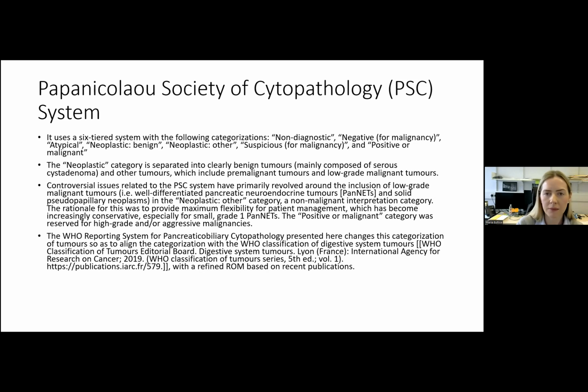So it's a mirror image of our histology reporting digestive WHO classification. Then the neoplastic other is further subclassified into pancreatobiliary neoplasm low risk and pancreatobiliary neoplasm high risk. Essentially you can divide those two on cytomorphology grade, and I'll go through the way that we do that.